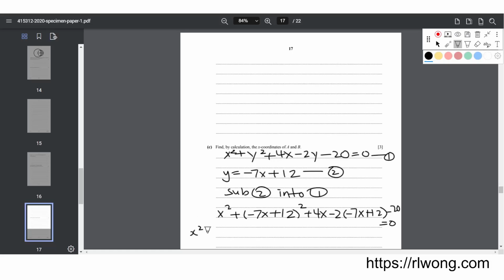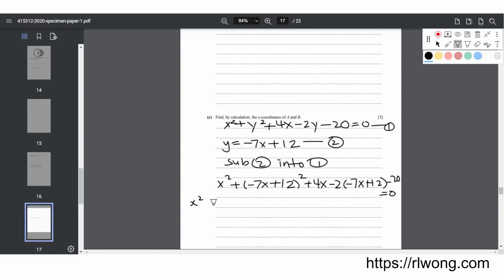So let me expand everything. I have x squared plus 49x squared, okay, minus 168x plus 144 plus 4x plus 14x minus 24 minus 20 equals 0. So let me put all the x squared terms together. I have 50x squared. Let me put all the x terms together.